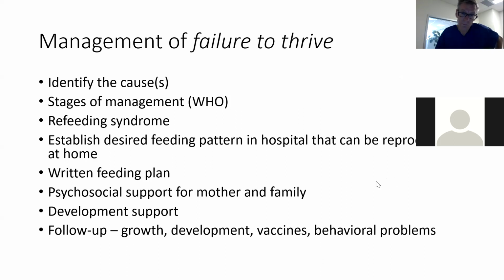And most mothers and families need some sort of psychosocial support when they're being discharged and during their hospital stay, because often the mothers will be depressed as well if they've got a child who's got severe malnutrition. The children need follow-up for their growth and development and vaccines and sometimes behavioural problems or whatever. So you need to keep following up these children for a long time until they're thriving again.